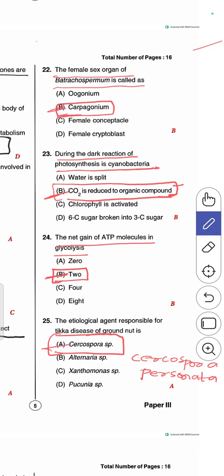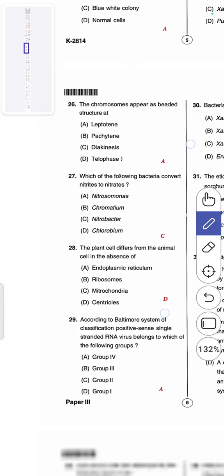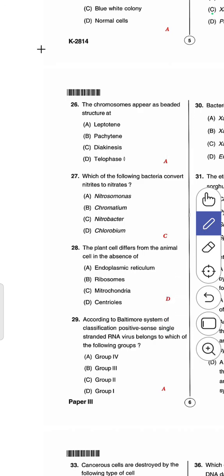Then next question, 26th question. The chromosomes appear as beads on a string.